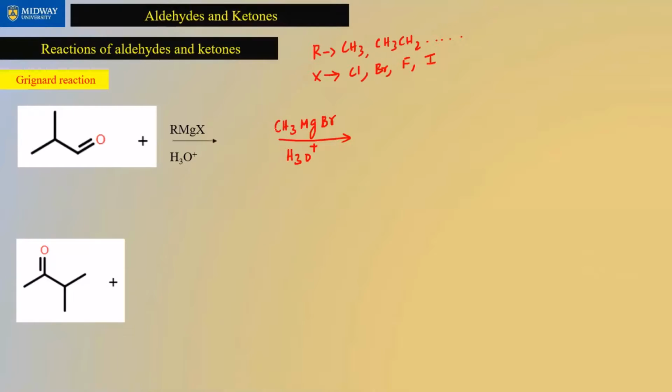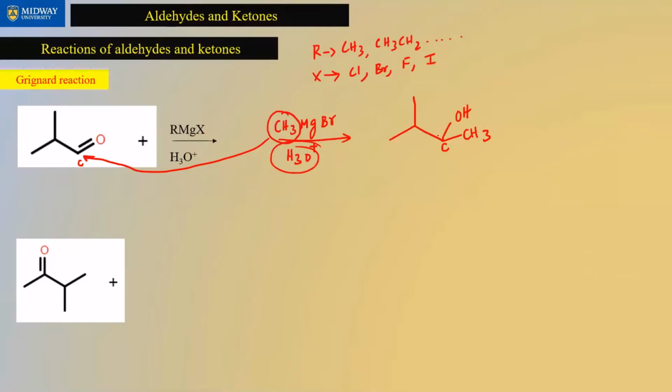And when this reacts with this, what you're going to end up with is, rewrite this to the carbon containing the double bond O, and add whatever this R value is to this carbon, CH3, and replace the double bond O with an OH. That's why I highlighted the carbon. So the CH3 goes to this carbon, and then, of course, the hydrogen comes from here and attacks this.